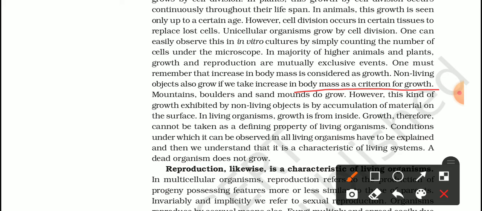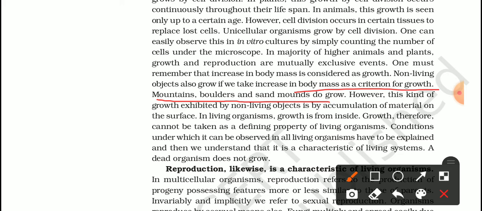That is why non-living objects grow, because we see mountains, boulders and sand mounds grow by accumulation of material. That growth is extrinsic, not intrinsic. In humans the growth is intrinsic, whereas in those objects the growth is extrinsic.